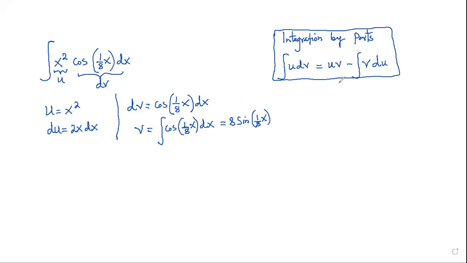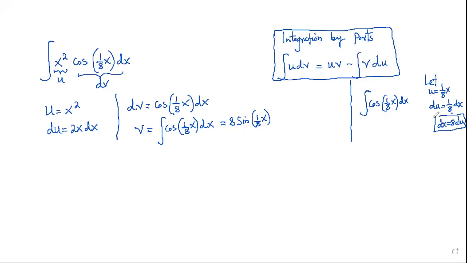The way you can see that is, the integral of cosine 1/8 of x with respect to x, you let your u be 1/8 of x. So your du is equal to 1/8 dx, which means dx is 8 du.